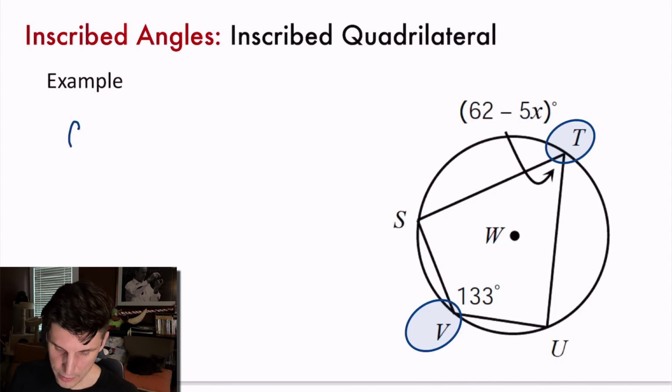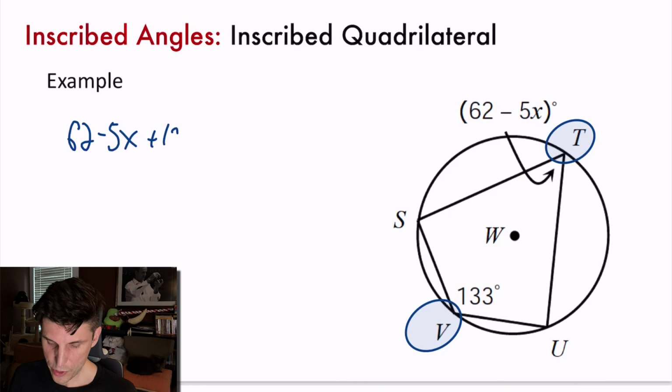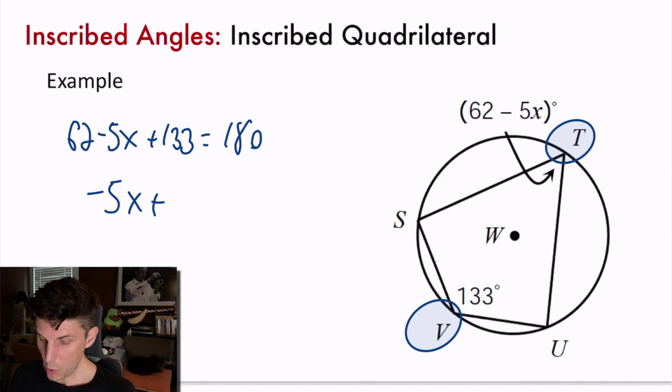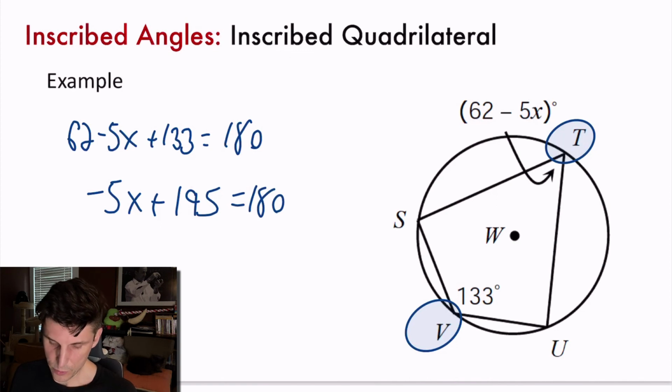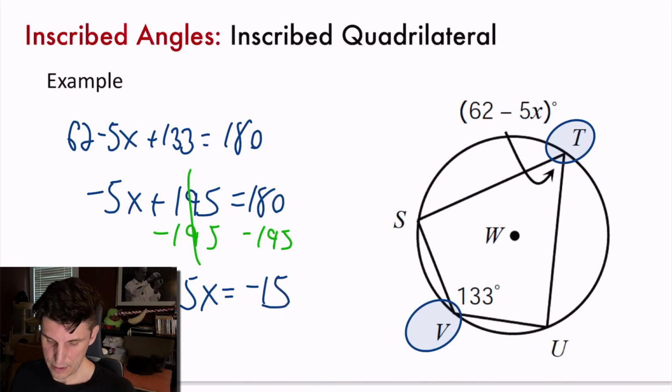So we're going to write down the relationship 62 minus 5x plus 133 equals 180. Combine our like terms, we have negative 5x plus 195 equals 180. Subtract 195 from both sides, and we get negative 5x equals negative 15.